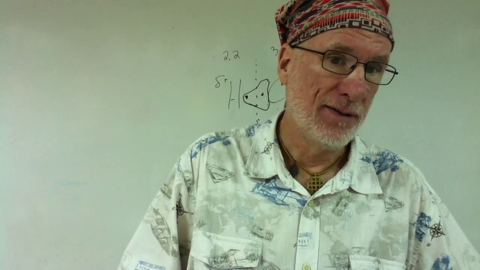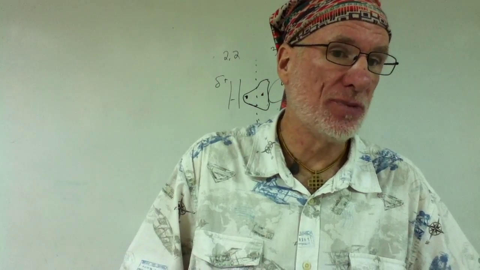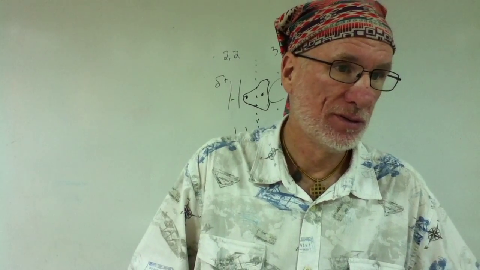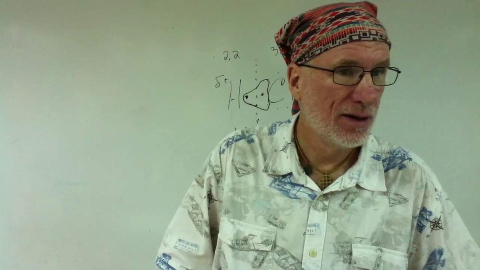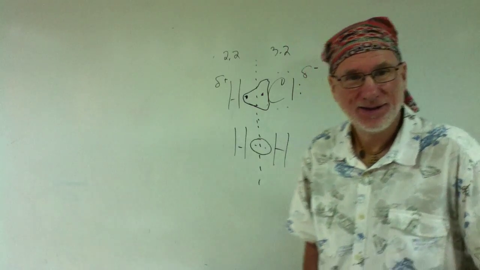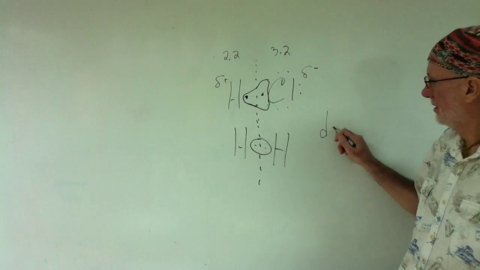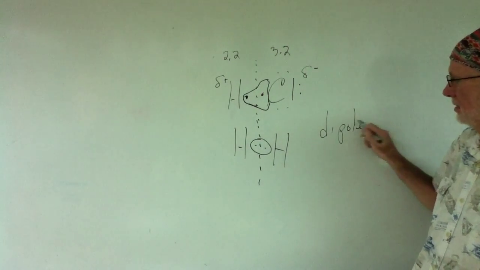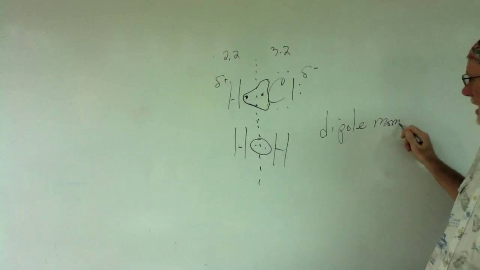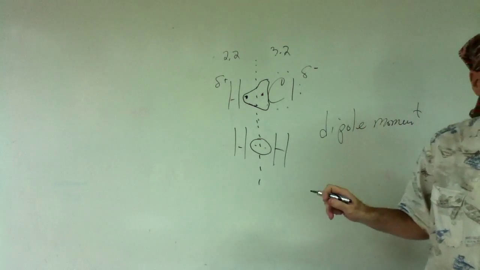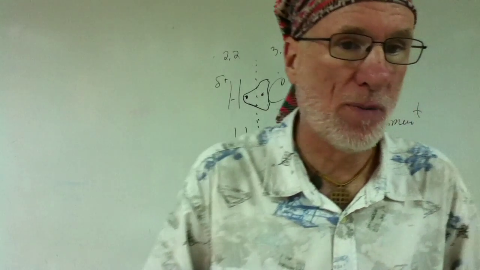But what is the asymmetric distribution called? Polar. Remember that? A dipole moment. And how do you represent a dipole moment?